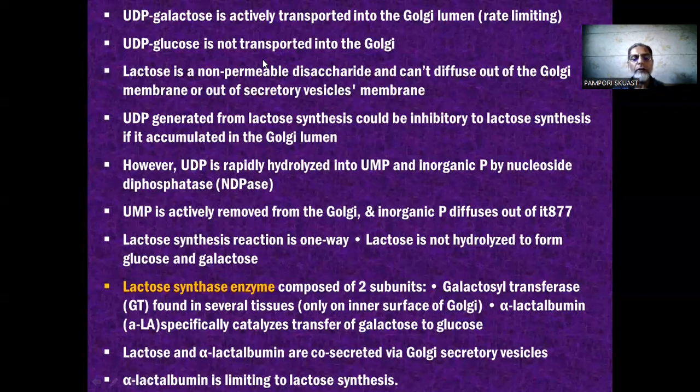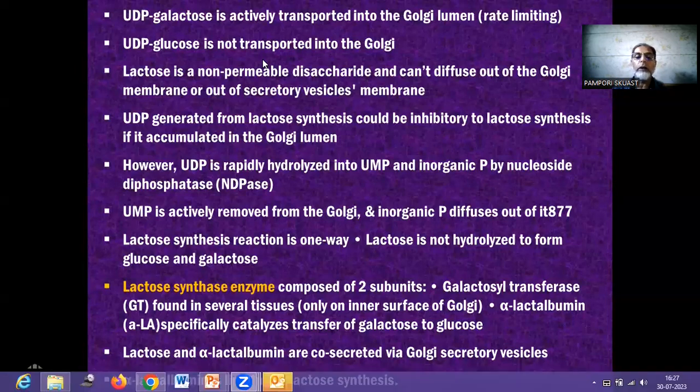So lactose and alpha-lactalbumin are co-secreted via Golgi secretory vesicles. Since we require alpha-lactalbumin for lactose formation, once lactose is packaged into secretory vesicles, it is along with alpha-lactalbumin. So alpha-lactalbumin is limiting to lactose synthesis. There are some reports that if you have strategies to increase alpha-lactalbumin, you may probably increase milk secretion, milk yield.